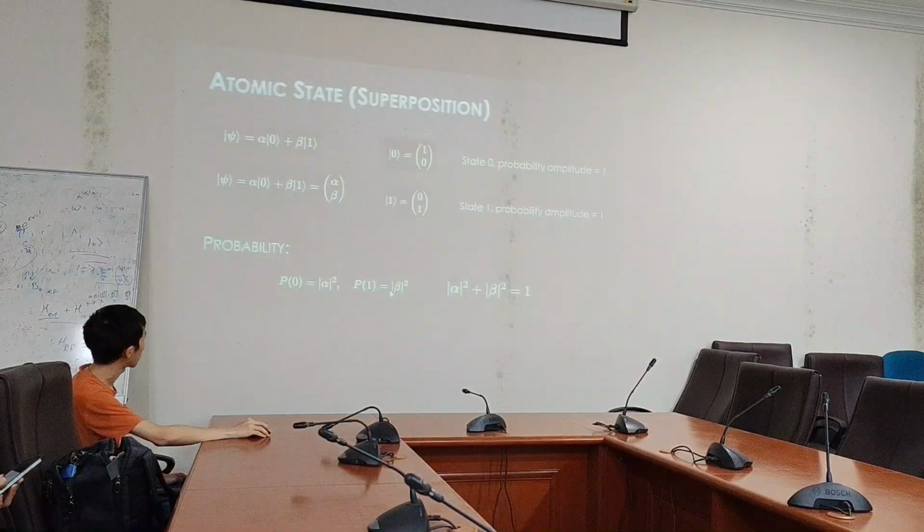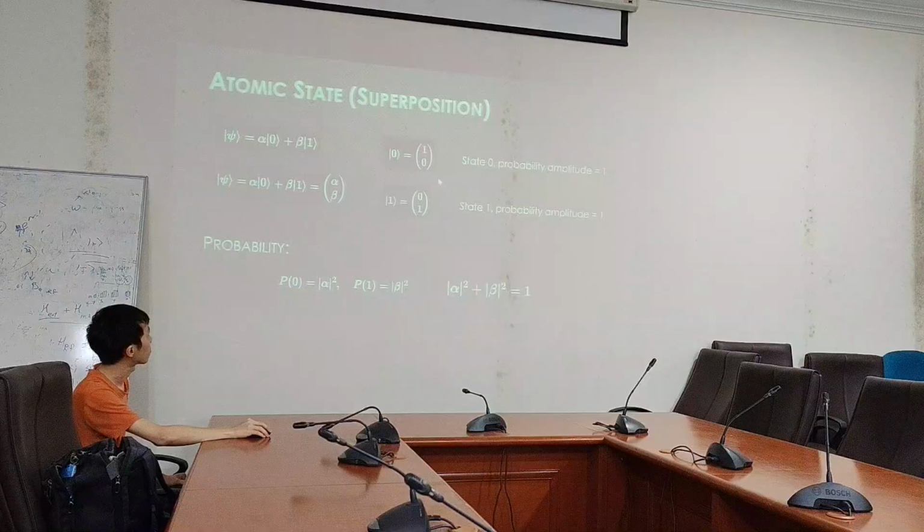Beta squared is the probability of being in state 1. So they both add up to 1. And what if we have more than 2 states? We just add another entry below the matrix, so it can represent a 3-state system.